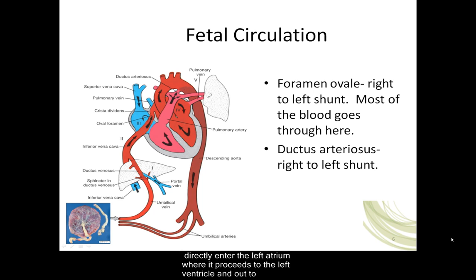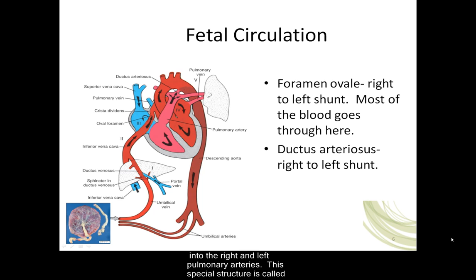What happens to the little amount of blood that enters the right ventricle? Well, it does get to the pulmonary trunk. However, we have another special fetal structure at the end of the pulmonary trunk, where it bifurcates into the right and left pulmonary arteries. This special structure is called the ductus arteriosus.